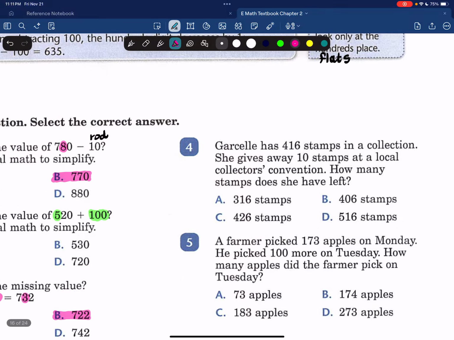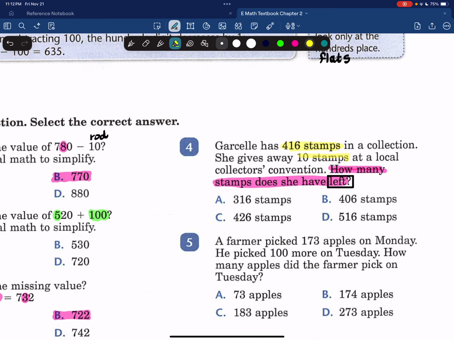Number 4 is a word problem. Garcelle has 416 stamps in a collection. She gives away 10 stamps at a local collector's convention. How many stamps does she have left? If you know the word left, you know that you're subtracting. Also, the concept of giving away something is going to be subtraction.